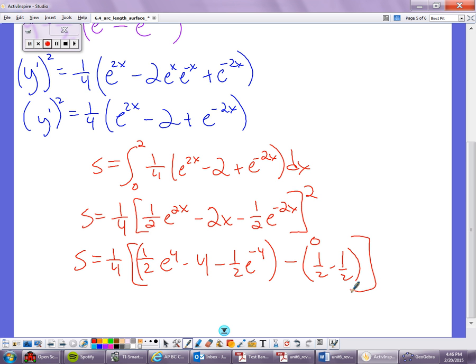So I get 1/4 times this whole thing, and I've checked this 100 times now, and I feel fairly confident in saying that 5.82 is our final answer. Alright, so that's it. That's how you find the arc length of a curve.